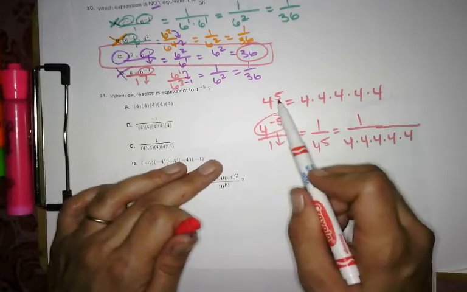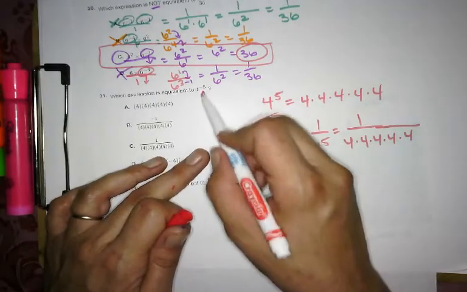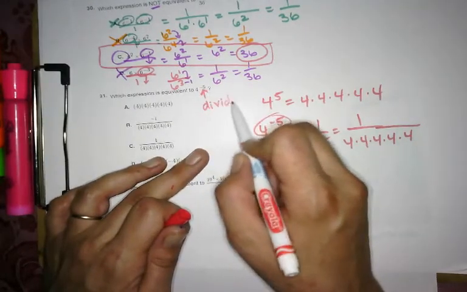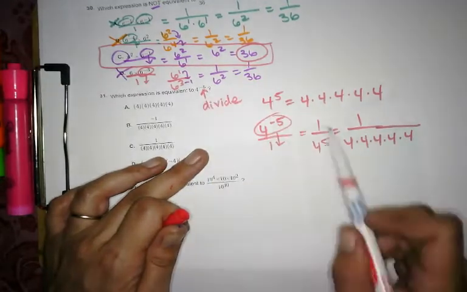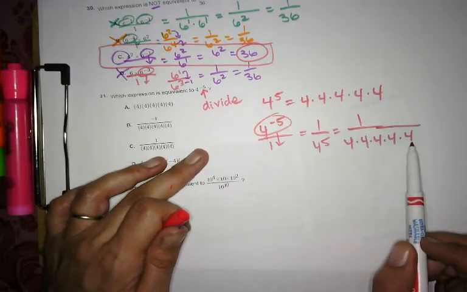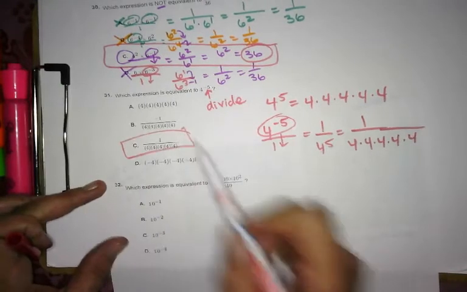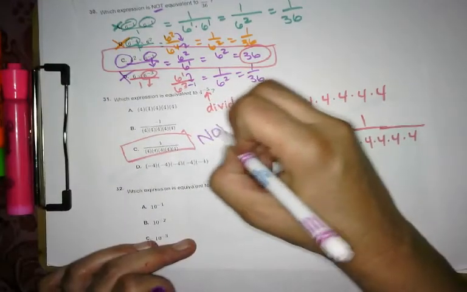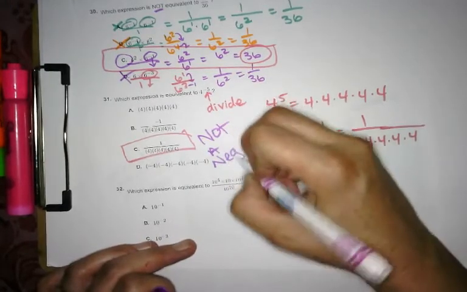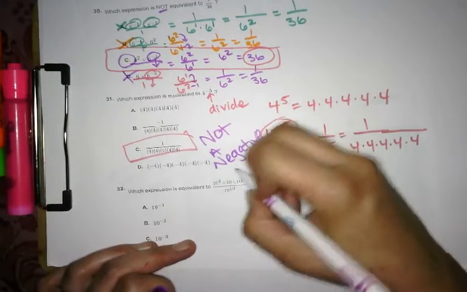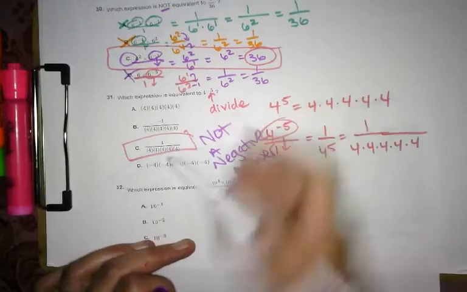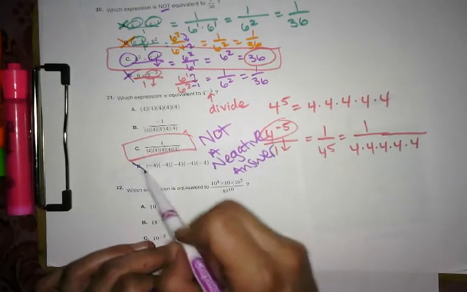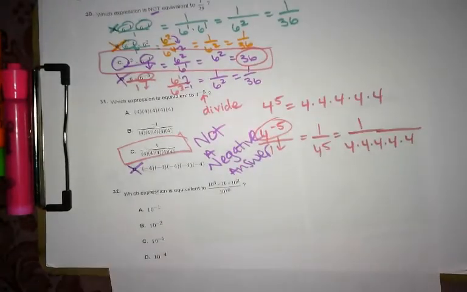Because really, if this is multiplication, this really means divide. 4 to the negative 5th means divide by 4 5 times. So it has nothing to do with whether the answer is negative or not. So just pointing out that that has nothing to do with it.